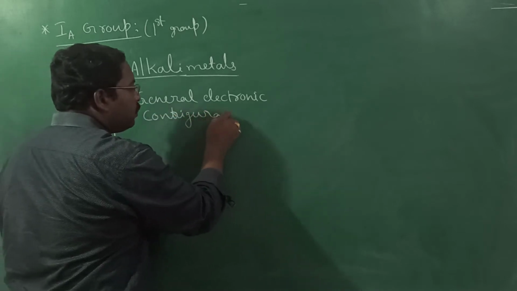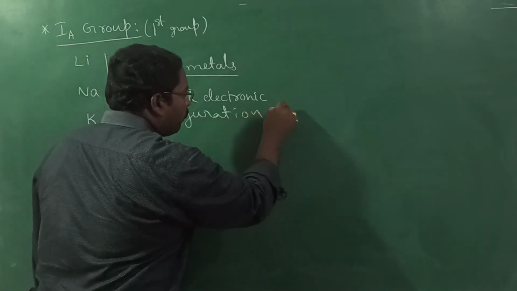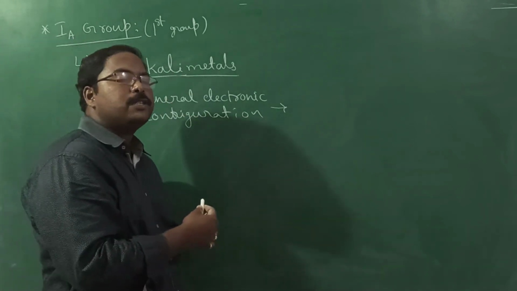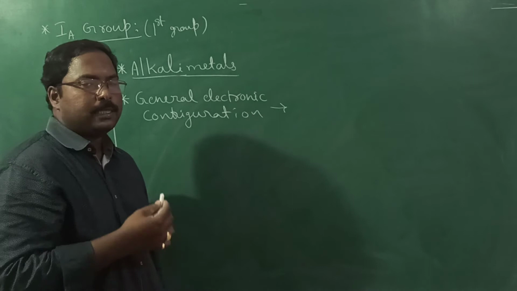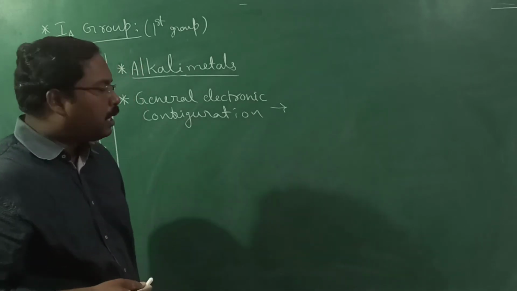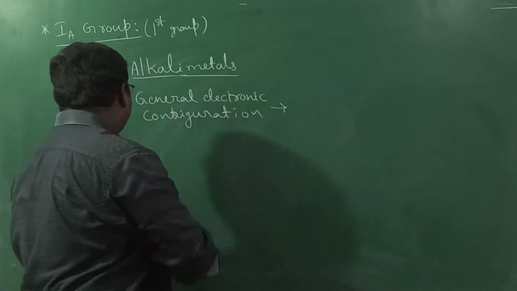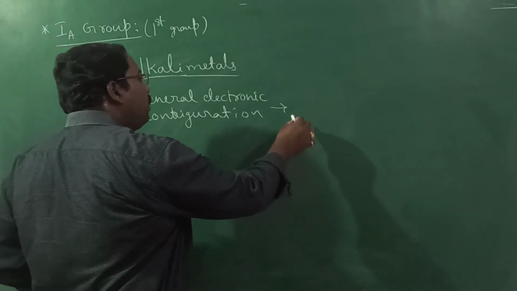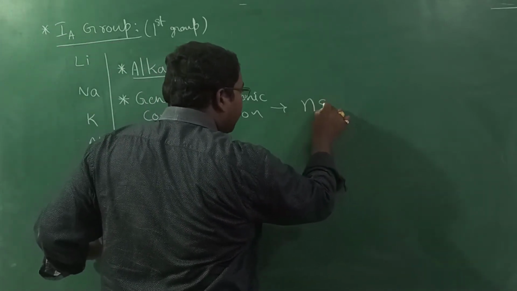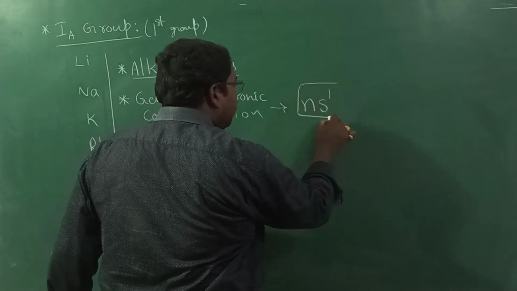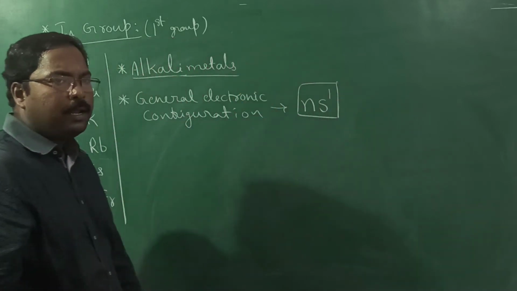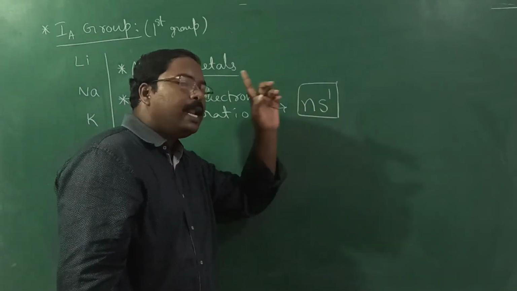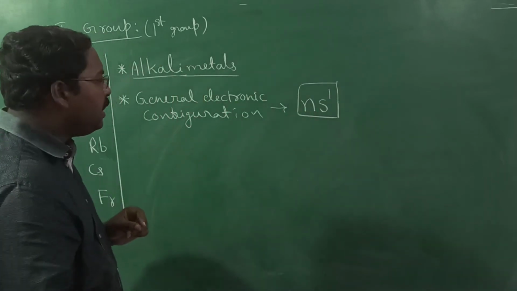As I told you, according to Bohr, we know the properties of the elements are mainly based on the electronic configuration, the valency shell electronic configuration. If you observe the valency shell electronic configuration of these elements, all of them have the general configuration ns1. So all these elements contain only one electron in the valency shell.